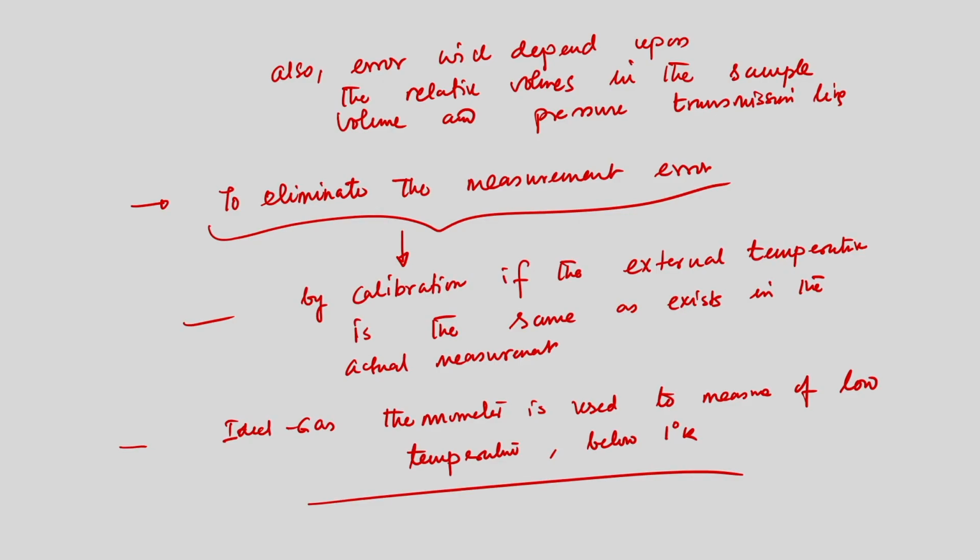That is what I have written: examining one point where I know the temperature is T1 and the corresponding pressure is P1, from there we can have the measurement. But again, there will be possibilities of measurement error, and we have also discussed that by doing calibration we can reduce the error, and this is suitable for low temperature measurement, below 1 degree Kelvin.